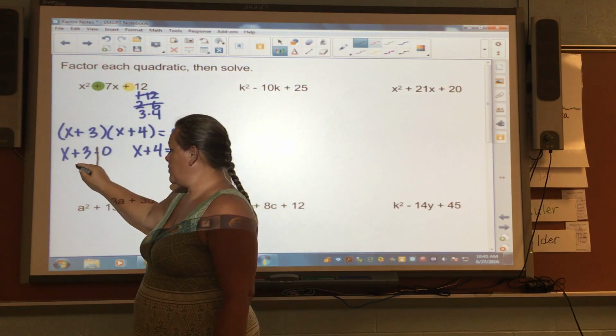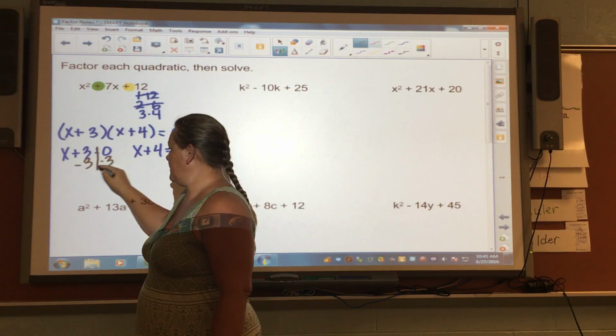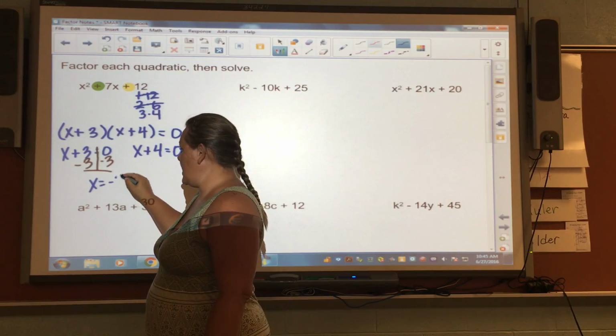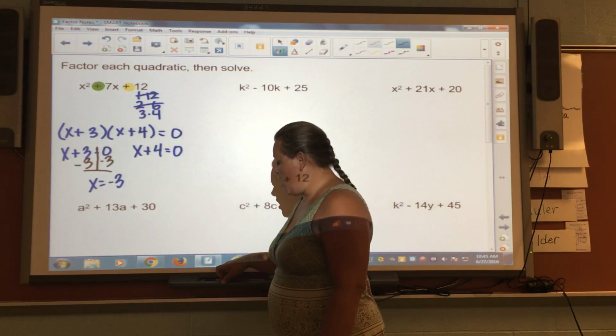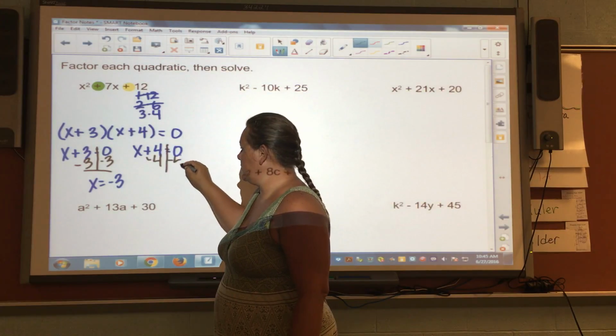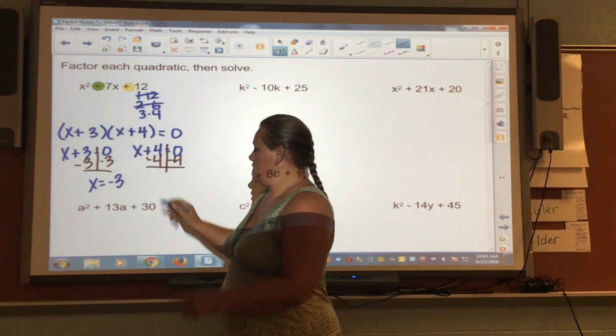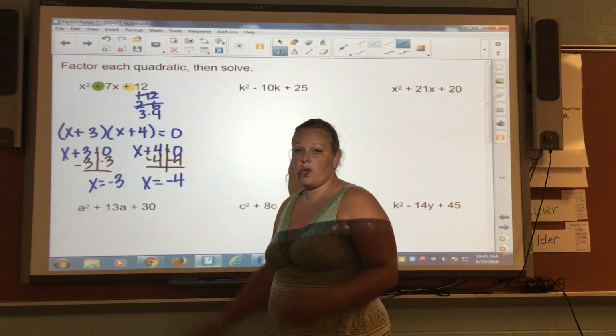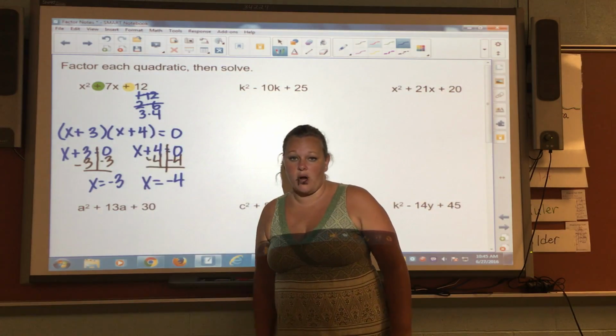So the opposite of plus is minus 3. So x has to equal negative 3. Or the opposite of plus is minus 4. So x could equal negative 4. So that would be the two solutions to that quadratic.